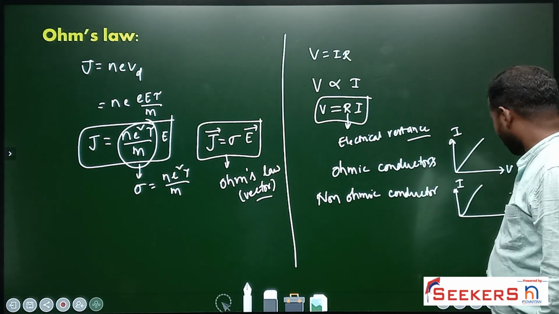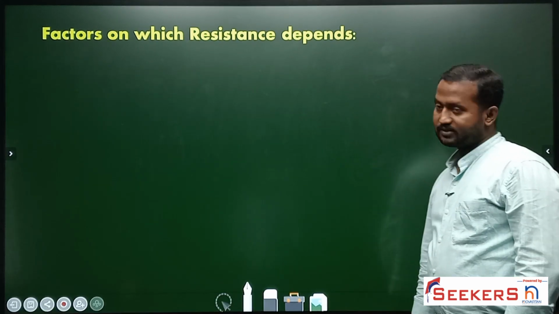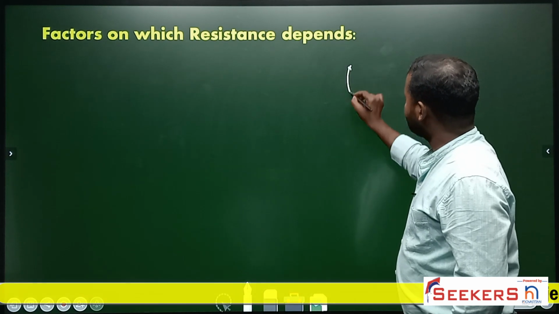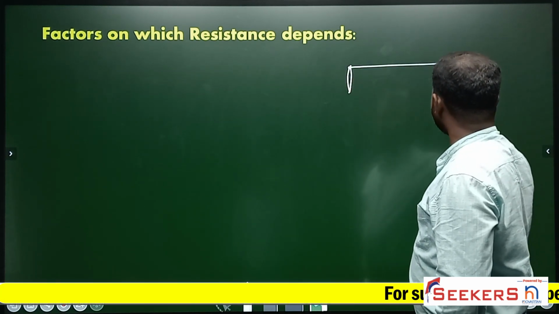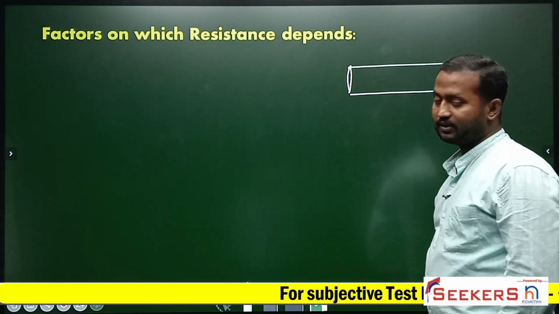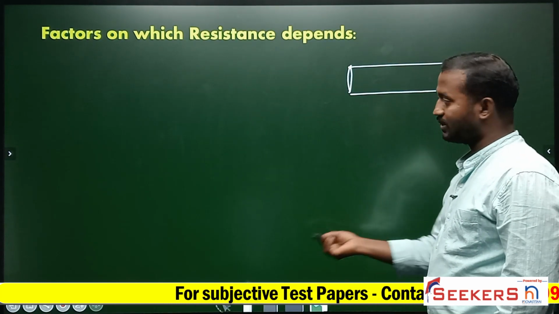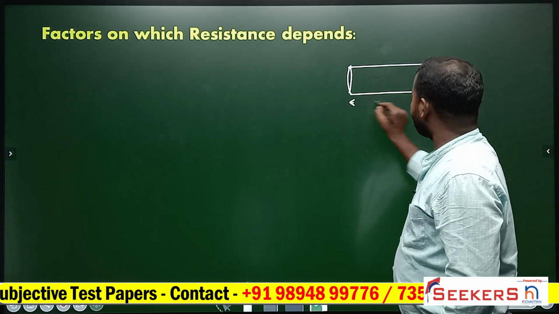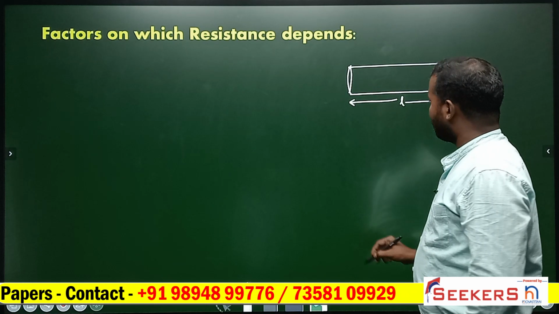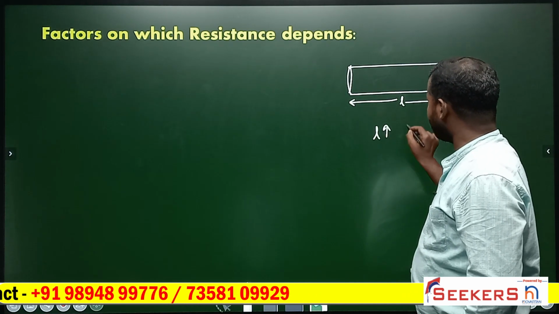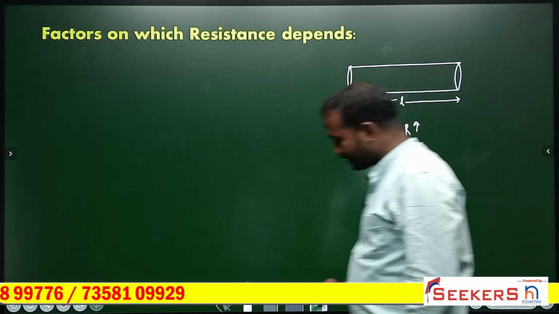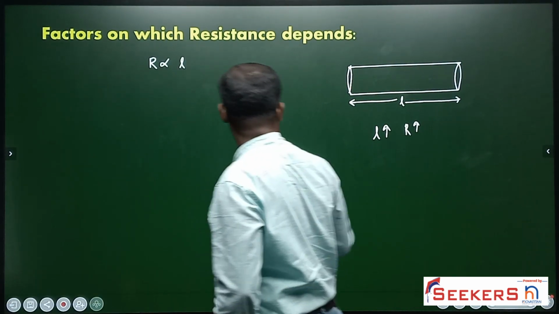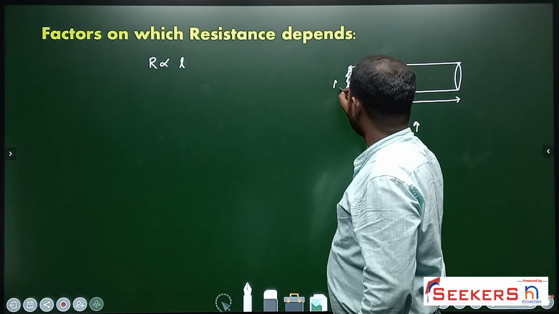Okay. Now let us discuss the factors on which the resistance depends. Inside a conductor, resistance is nothing but the opposition offered to these charge carriers. Now here, if the length of a conductor is L, the more the length, the more the resistance. That means resistance is directly proportional to length, and it also depends upon area of cross section.